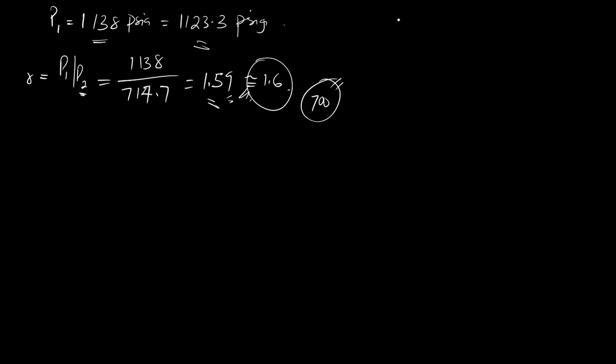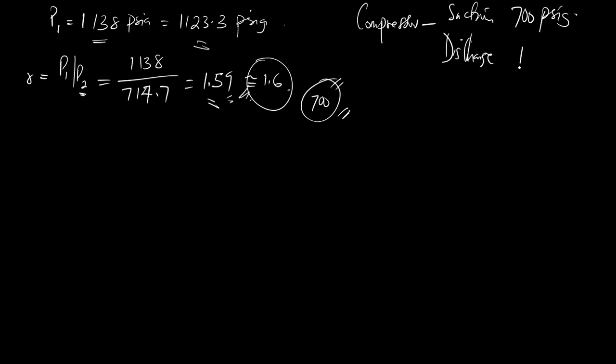Now meaning that here we need a delivery pressure of 700. So now the compressor will have a suction pressure of 700 psig and a discharge pressure of 1123.3 psig.